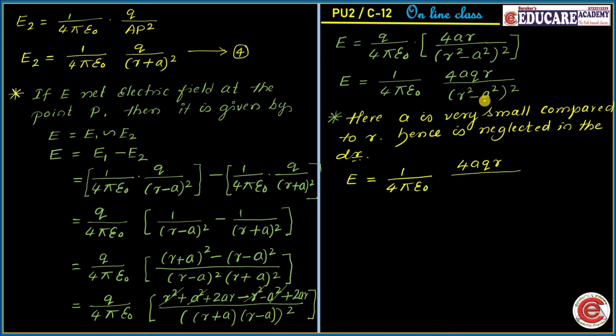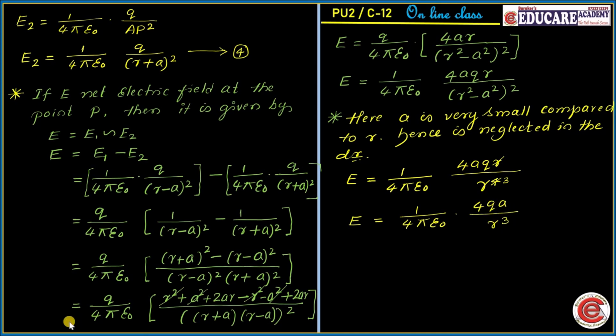If a is neglected, this whole term becomes absent. Only (r square) whole square will be left, which is nothing but r raised to 4. Now one r will be cancelled from the numerator and denominator, hence the equation reduces to E is equal to 1 divided by 4 pi epsilon naught into 4aq divided by r cube.